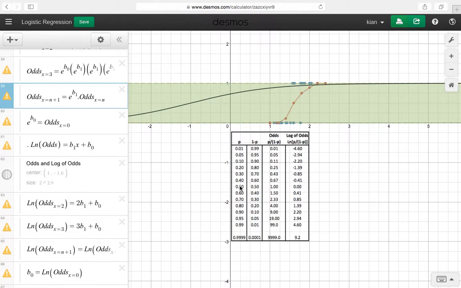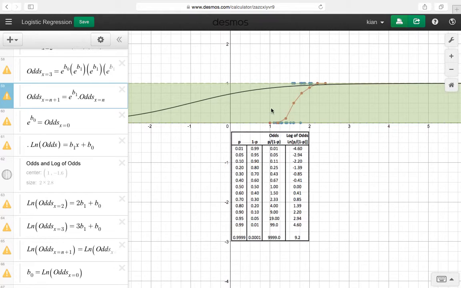A probability of 0.5 would result in odds of 1. Now, the log of 1 is 0. Any probability less than 50% would result in odds of less than 1, which would result in log of odds with a negative value. And any probability higher than 50% would result in odds larger than 1, which would result in positive values for log of odds.